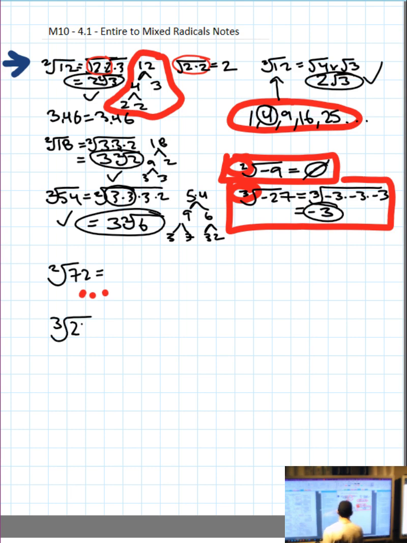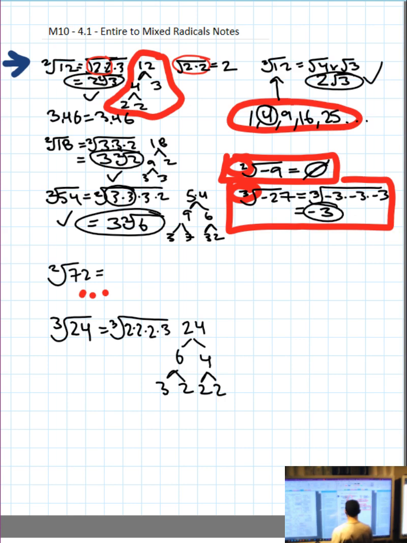Okay, let's do cube root. Cube root of 24. Well, what is this? We just saw the cube root a second ago when we were talking about negatives. And we know that we need 3 things. So let's do a prime factorization on 24. 6 and 4, 3 and 2, 2 and 2, equals the cube root of, put the stuff in order, the ones that you have in common first.